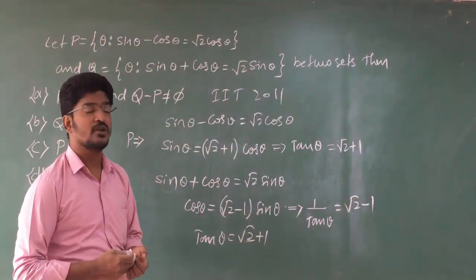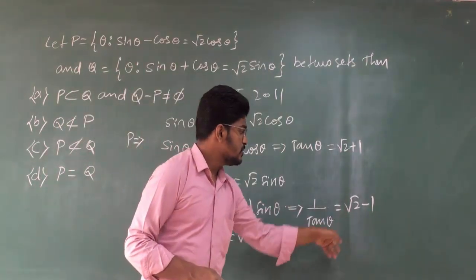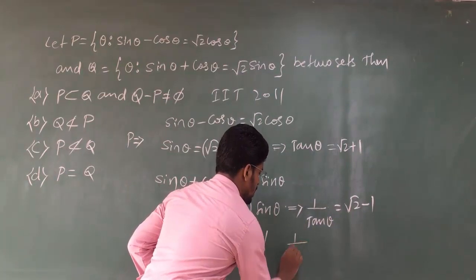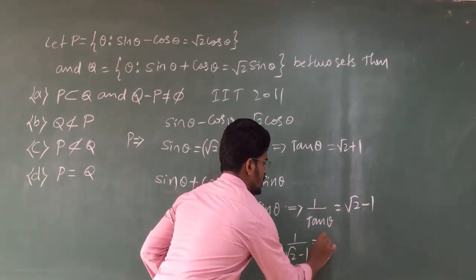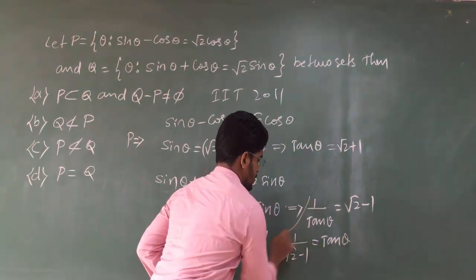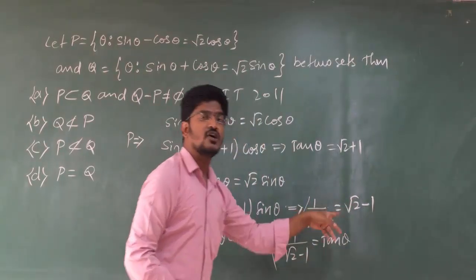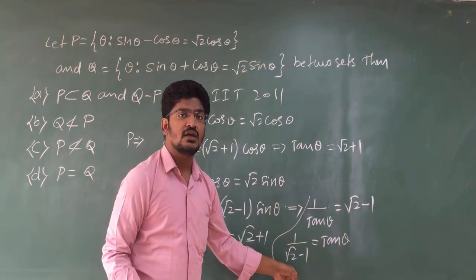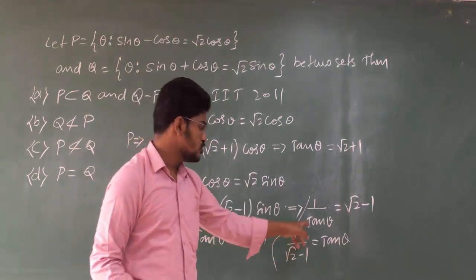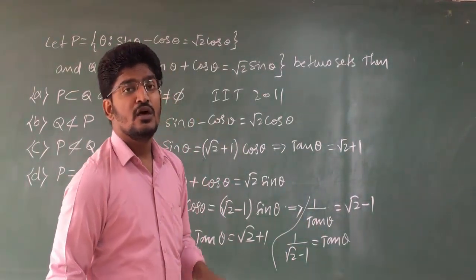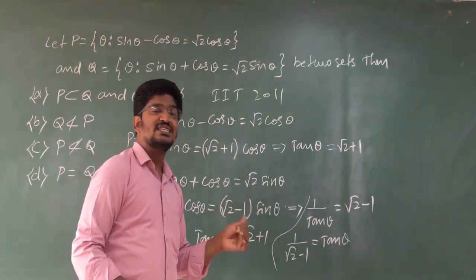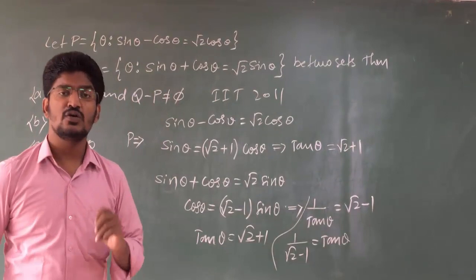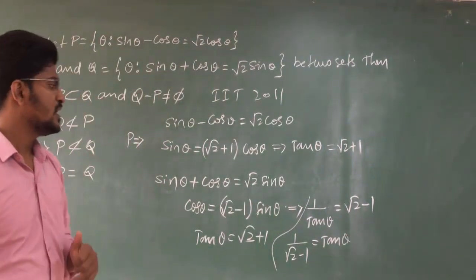If you don't know the information, see here, if I make cross multiplication, it will become 1 by root 2 minus 1 equal to tan theta. After taking cross multiplication, now you rationalize the denominator. Multiply by root 2 plus 1, apply the a square minus b square formula, and you will get root 2 plus 1 equal to tan theta.